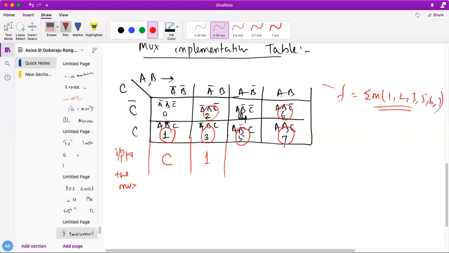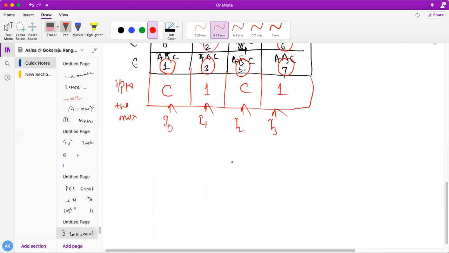So here only one is circled, what is the corresponding? This is C, and here both are circled, so 1. So what will be my final input to the mux? My input to the mux is I0 is this one, I1 is this one, I2 is this one, and I3 is finally this one. So you can easily now draw this mux implementation of this particular function.